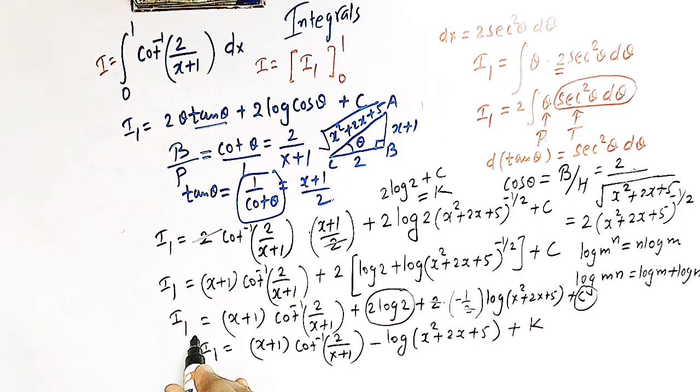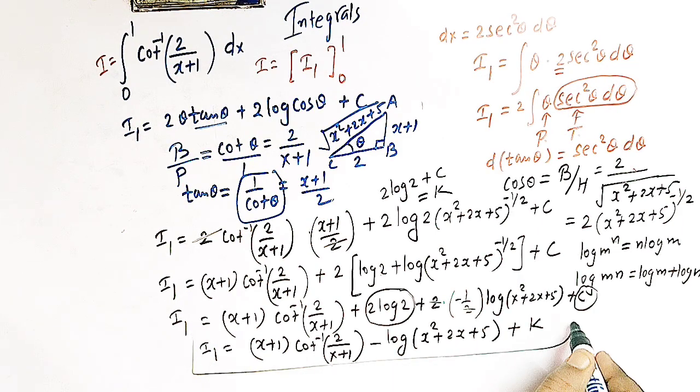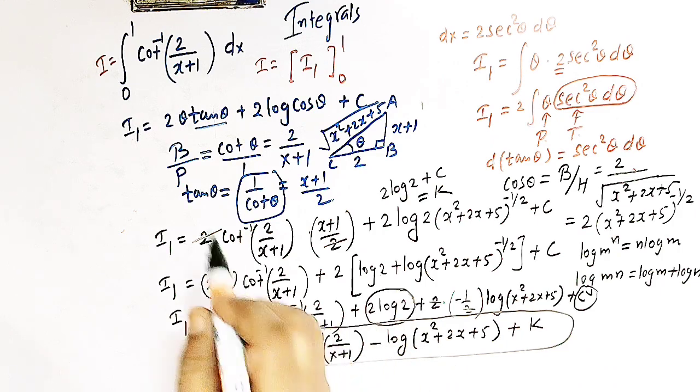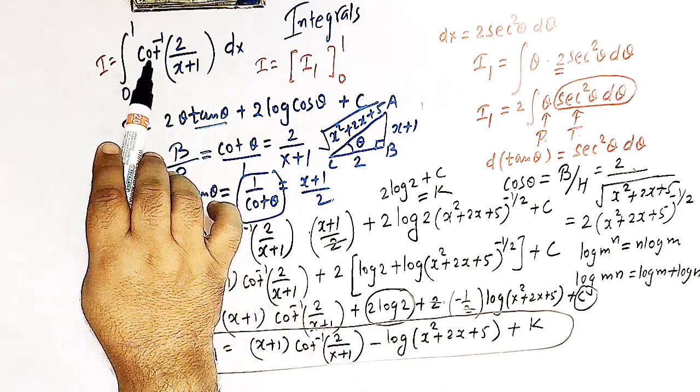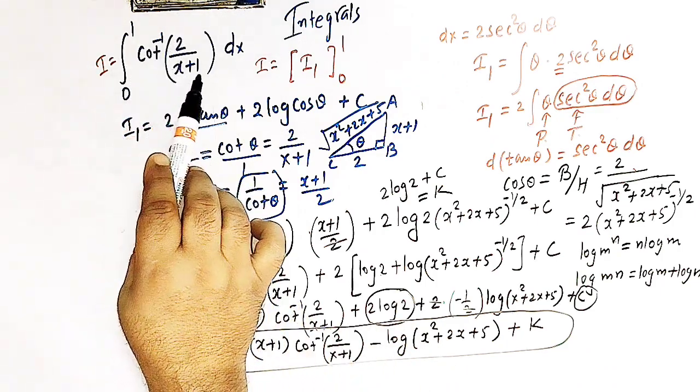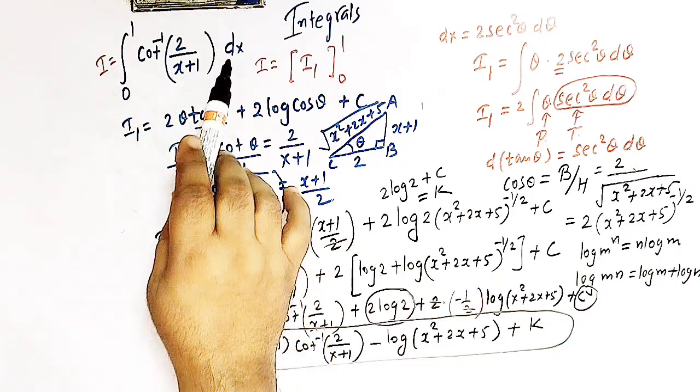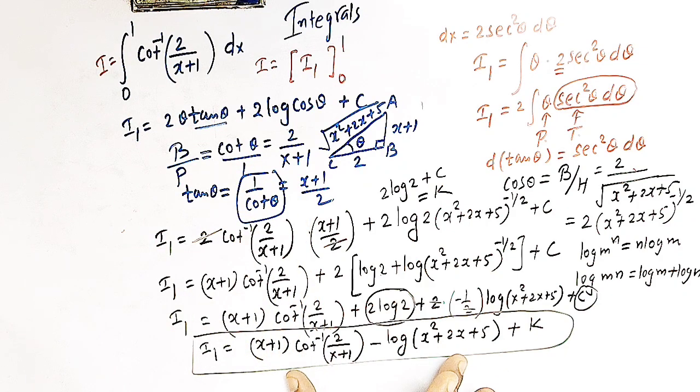So viewers, the indefinite integral of this function, that is cot inverse 2 over x plus 1 with respect to x, is given by this expression, that is x plus 1 cot inverse 2 over x plus 1 minus log of x square plus 2x plus 5 plus k, where k is the constant of integration.